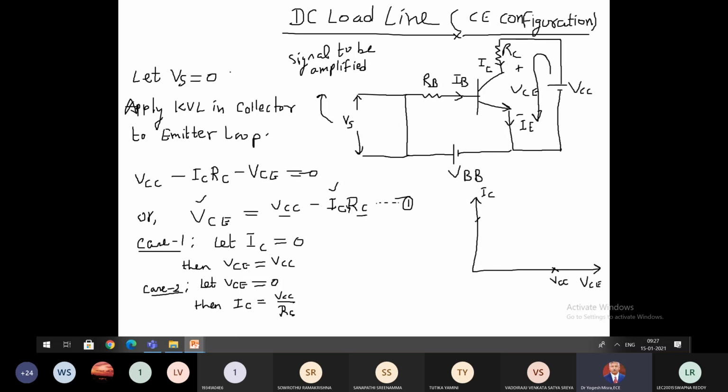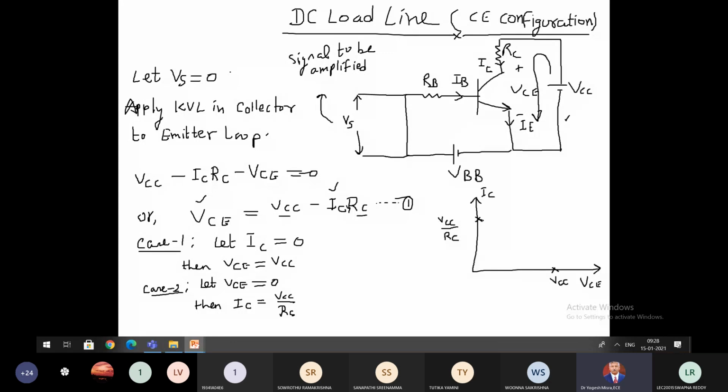So on y-axis we will get one point, that is your IC, and this will be VCC divided by RC, right? So maximum current which will flow through this circuit will be VCC by RC, and maximum voltage across the collector and emitter, that is VCE, will be equal to VCC.